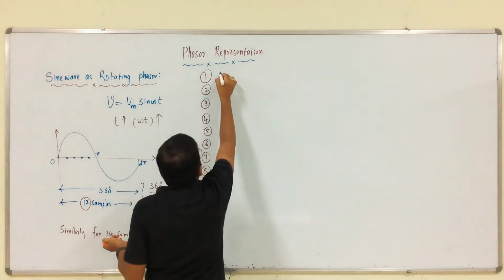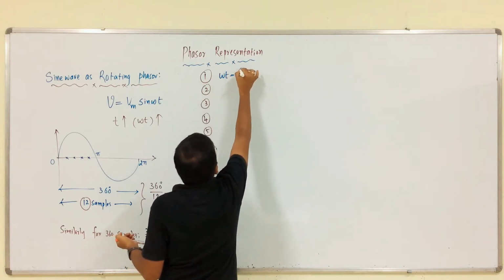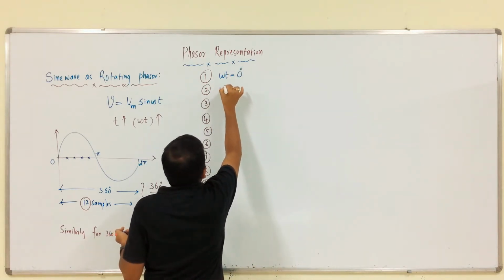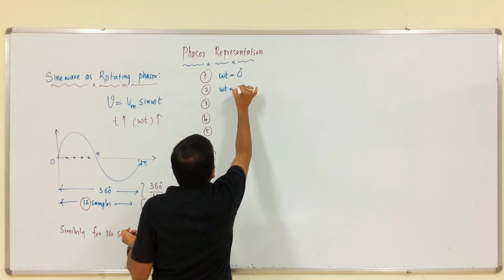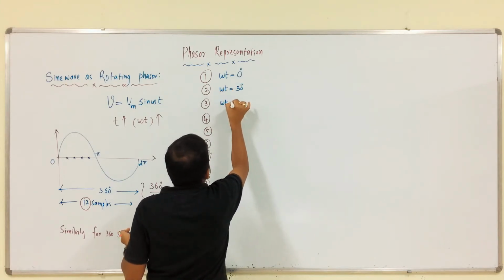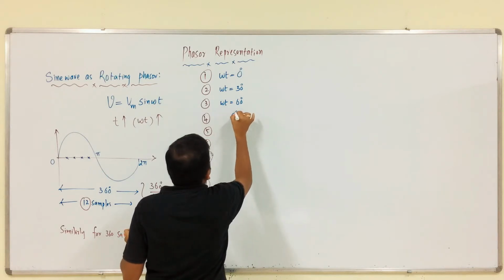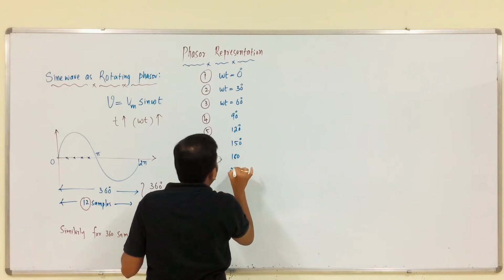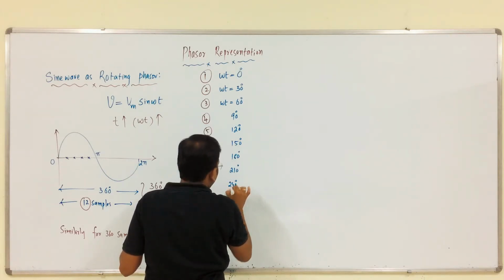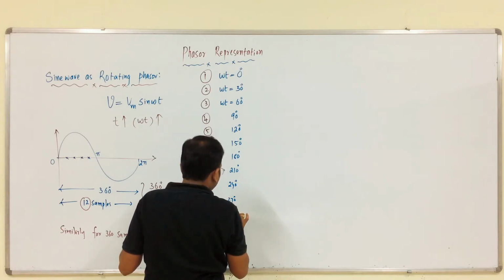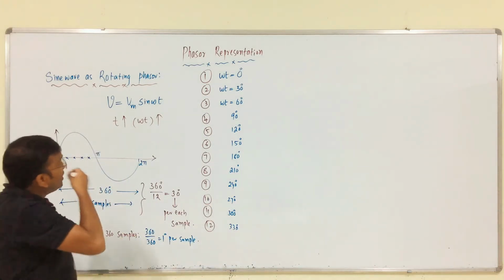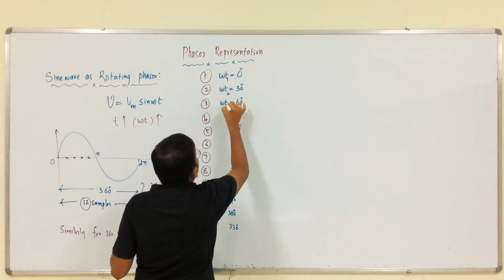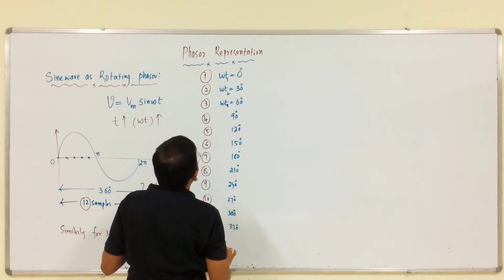The first sample, sample 1, is omega t equals 0. Then omega t is 30 degrees, next 60, 90, 120, 150, 180, 210, 240, 270, 300 and 330. So, we have different samples, omega t 1, t 2, up to omega t 12.